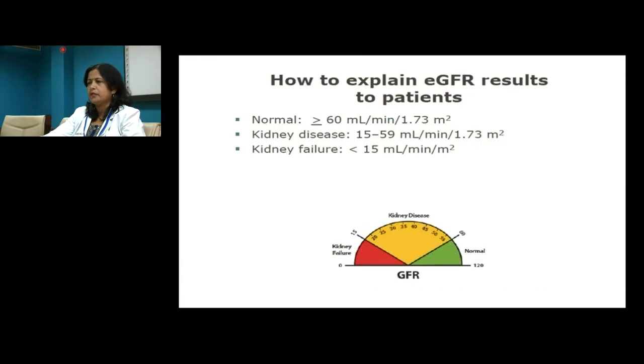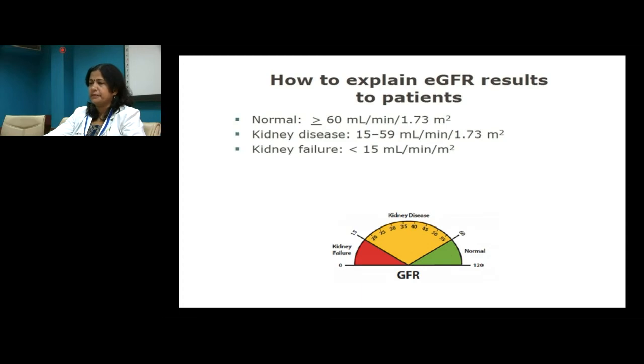This is how we explain the GFR results of the patient. Normal is more than 60 ml per minute per 1.73 m square, if there is kidney disease then 15 to 59 ml, and if kidney failure, then less than 15 ml per minute per 1.73 m square is the GFR.